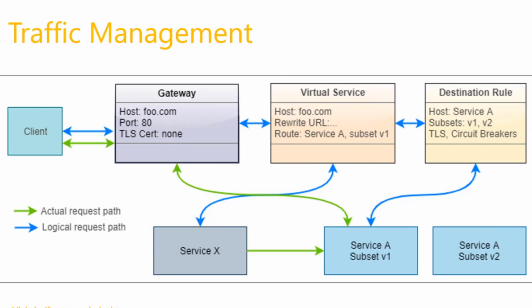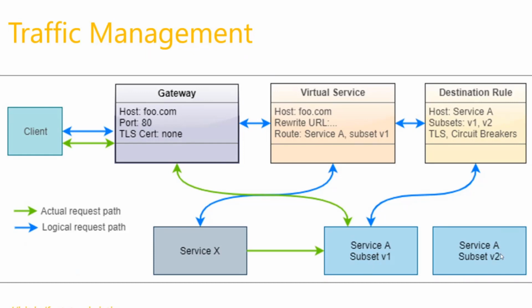The destination rule implements certain patterns in itself, which we'll learn about later. But for now, let's say the destination rule is the mapping between your virtual service and the actual service instance running in your cluster. Here, the destination rule specifies that version 1 of the service is mapped to service A that you can see on the left-hand side in the blue box.